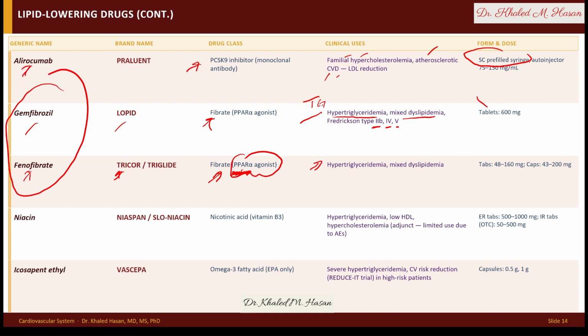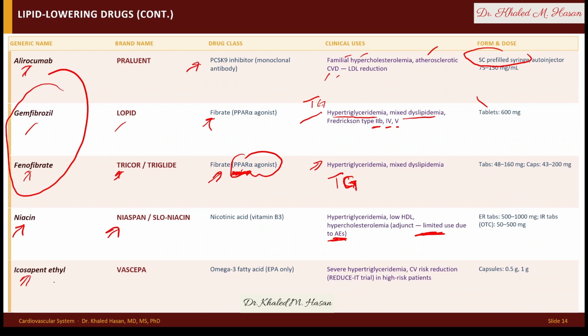We use it in similar cases for triglyceride. Again, triglyceride here, about triglyceride and mixed dyslipidemia. Okay. Niacin is obsolete now, Niaspan, and we don't use niacin. Limited use now due to the side effects.